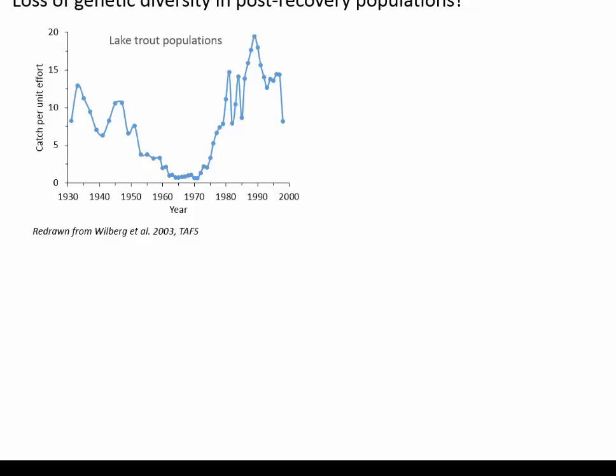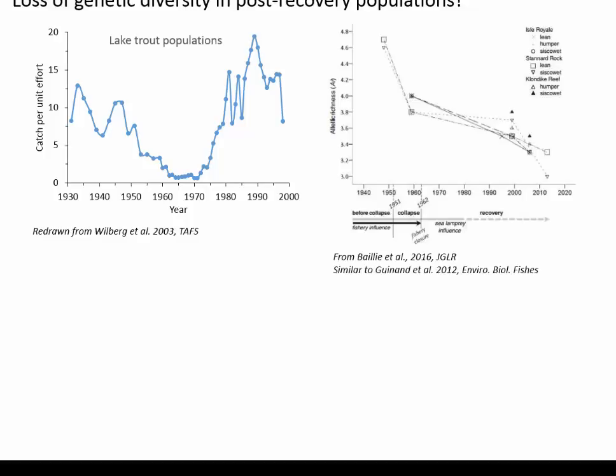This plot is from the Hansen and Wilberg and Hansen paper, showing the post-recovery populations. And this next plot is from a recent paper that just came out from Bale, and she gave this talk at this meeting last year and showed a decline in genetic diversity for both leans and siscowets over time.